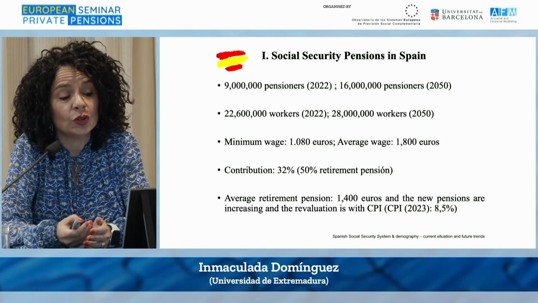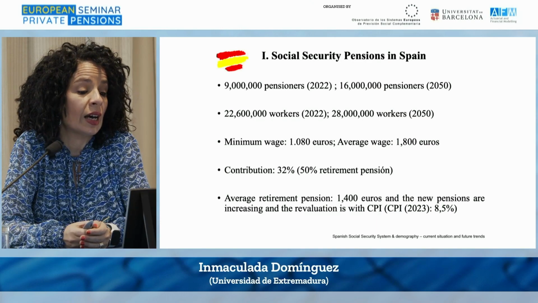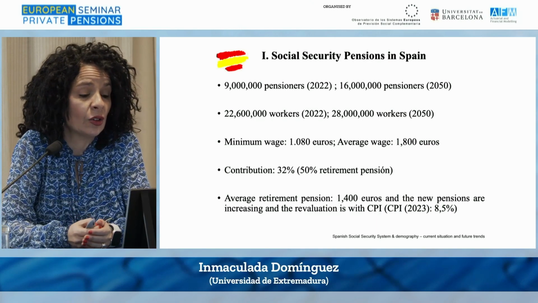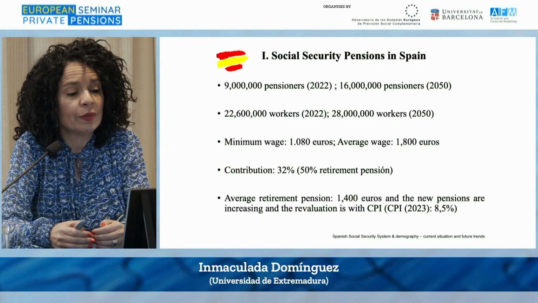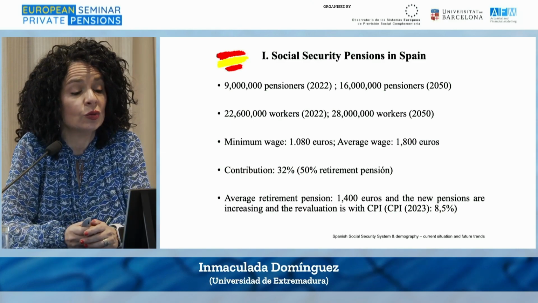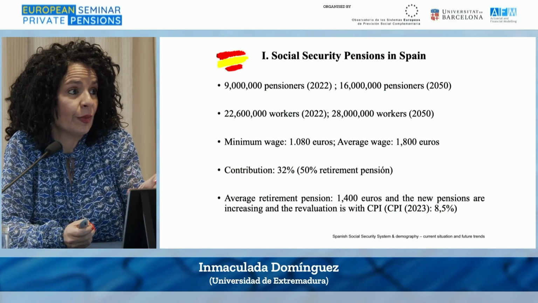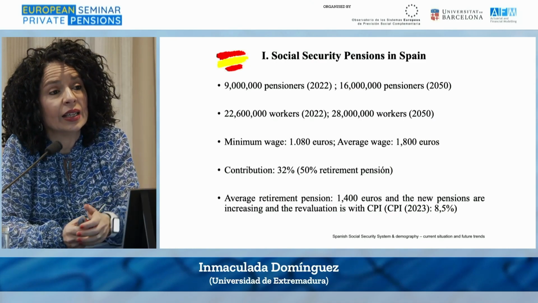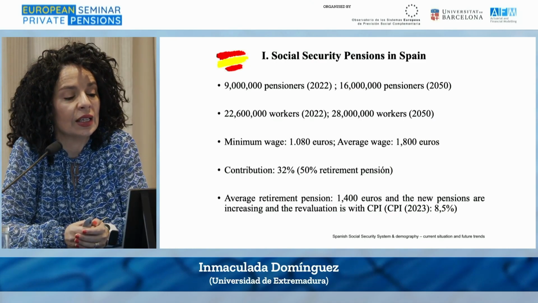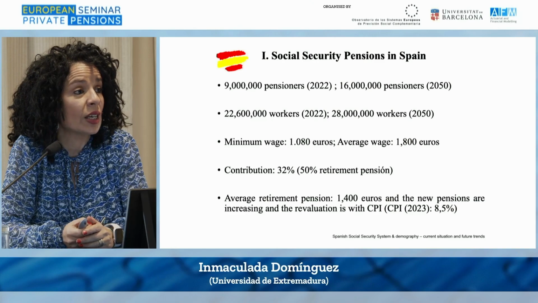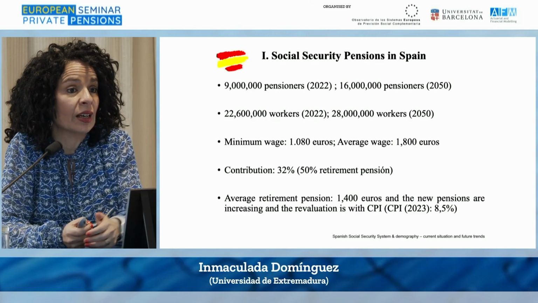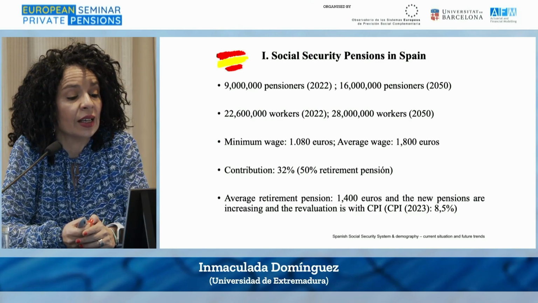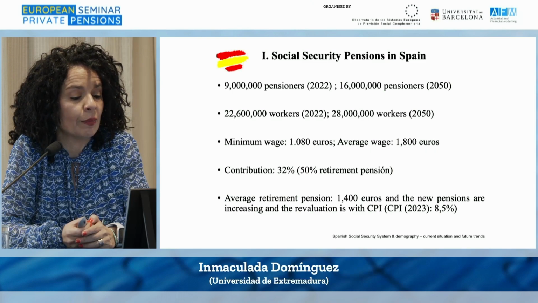But in the future, we have the baby boom like in other countries, maybe later than in other countries. Now we are beginning with the baby boom, and from 2015 the projection of pensioners increases, to 16 million pensioners at the end.